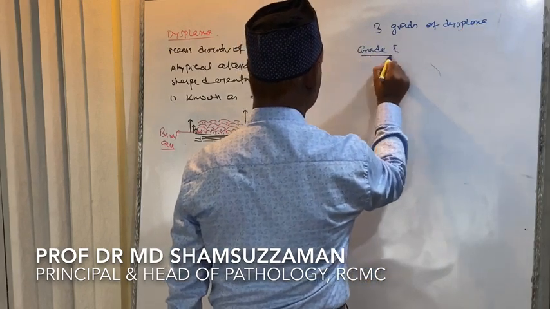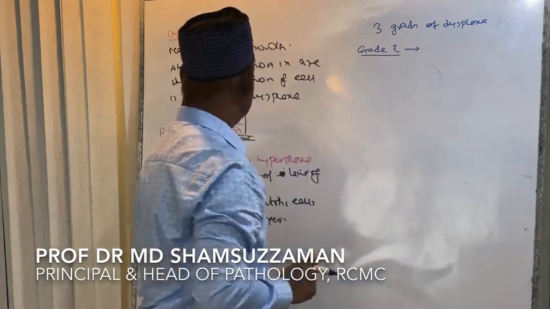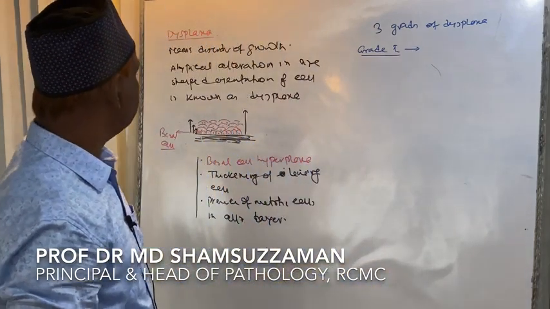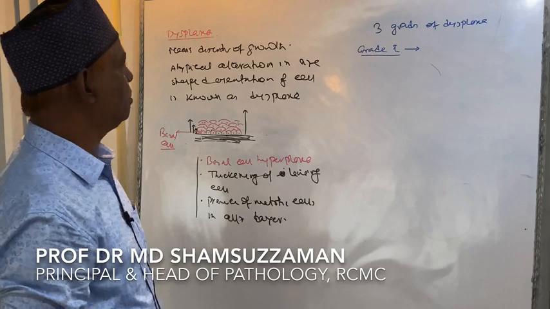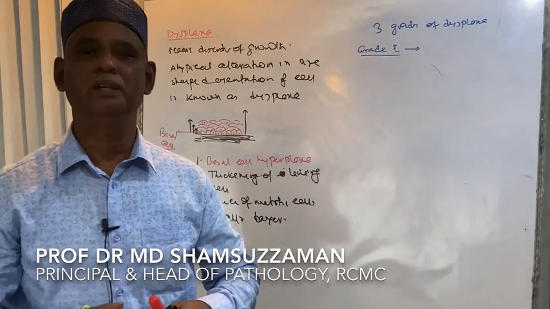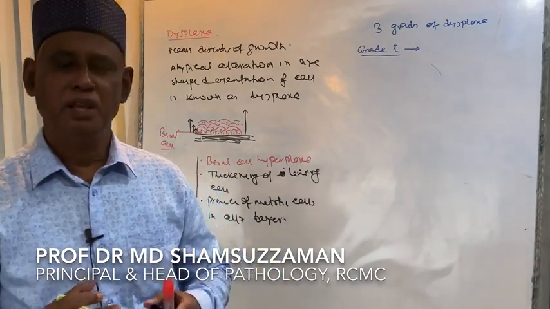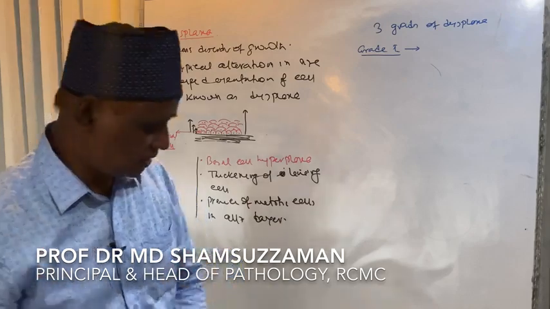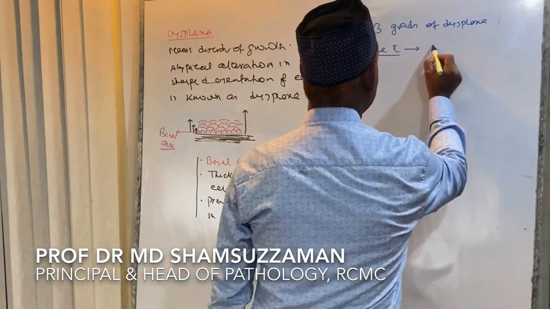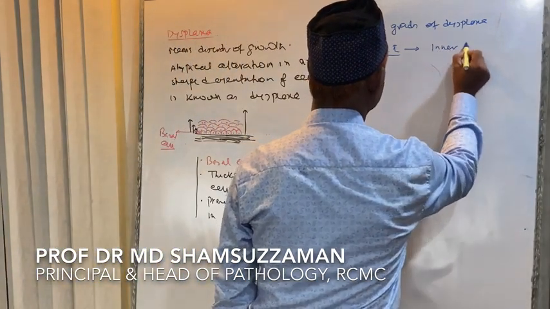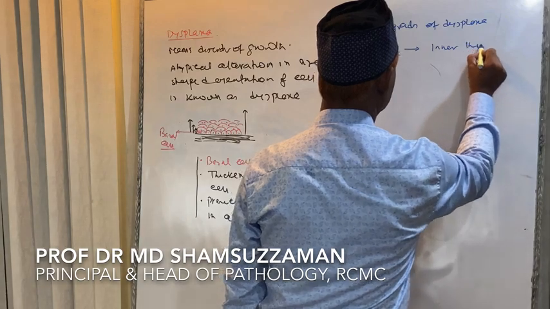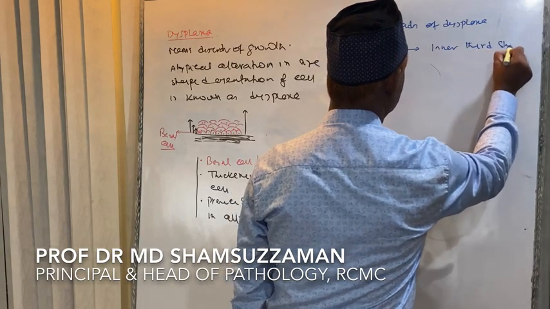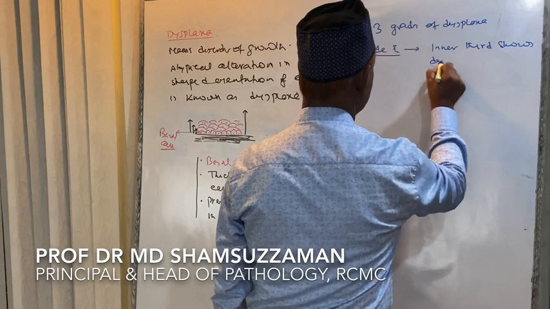Grade 1, what it means? This atypical alteration in size, shape and orientation of cell in the inner third of the lining cells. Inner third shows dysplasia.